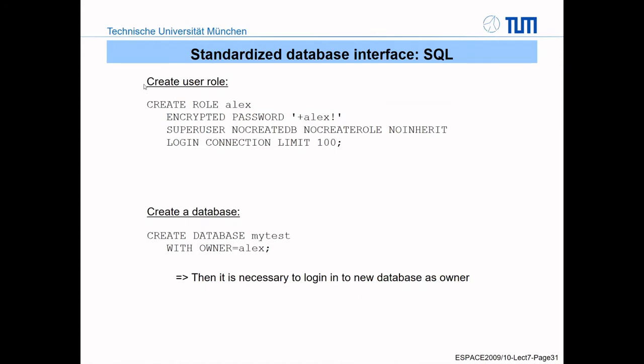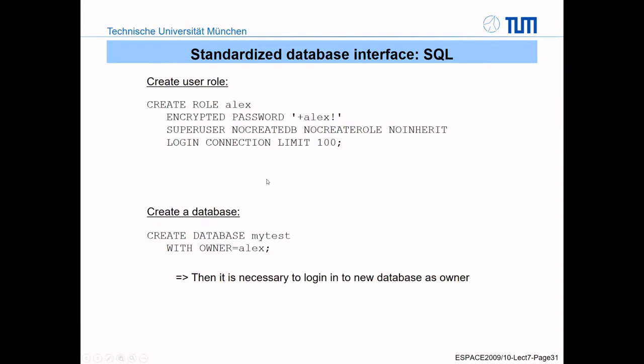So it's like a normal sentence. What do you write? In this case, you can really easily understand what happens here. Create a role. So it's an administrator command, or an administrator SQL command. Create a role called Alex. It uses an encrypted password here, plus Alex exclamation.